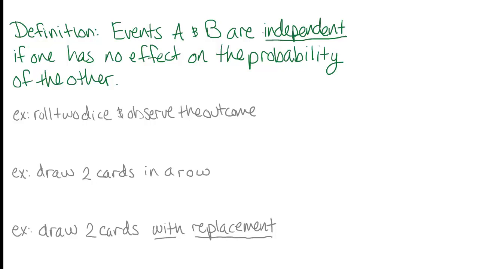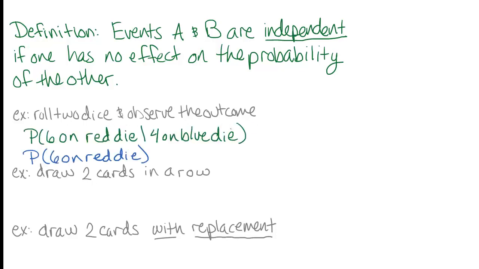So the example before where we were flipping a dime and a nickel, those were independent events because it really doesn't matter whether the nickel is heads or tails. The probability that the dime comes up heads is the same. So for example, if we roll two dice and observe the outcome, these two events should be independent.